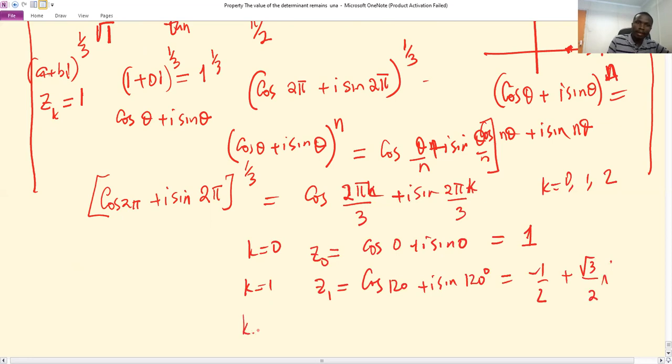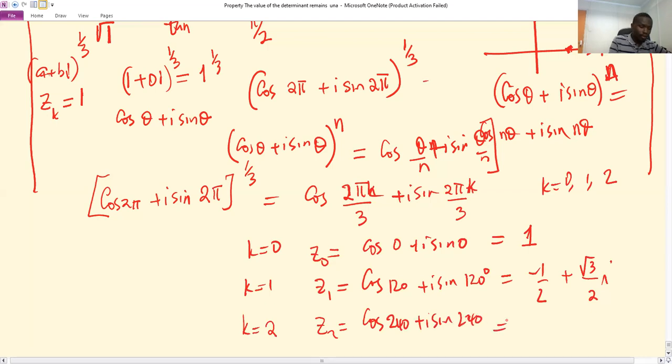And then k equals 2, z2 would be cosine of 360 times 2 divided by 3 is 240, plus i sine 240.